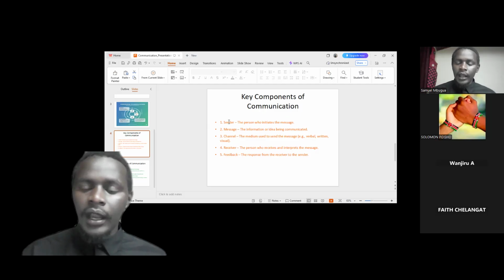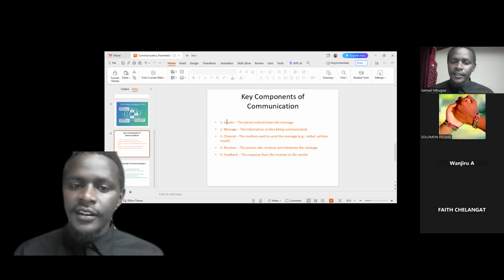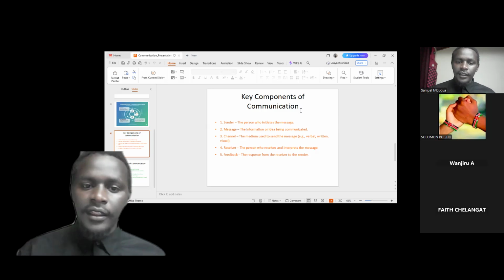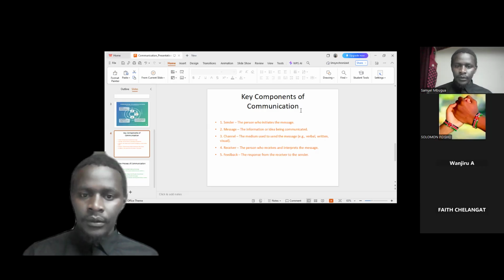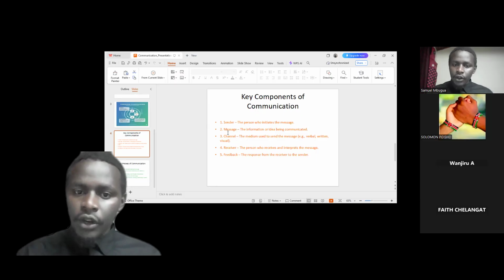Okay, can you guys see the screen? Yes. Okay, Faith, if you can see the screen, maybe you can read the first one, the sender. So for the sender, this is the person who initiates the message. Very nice.